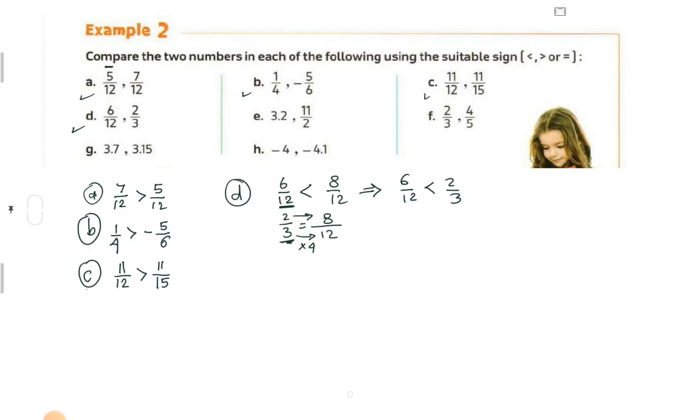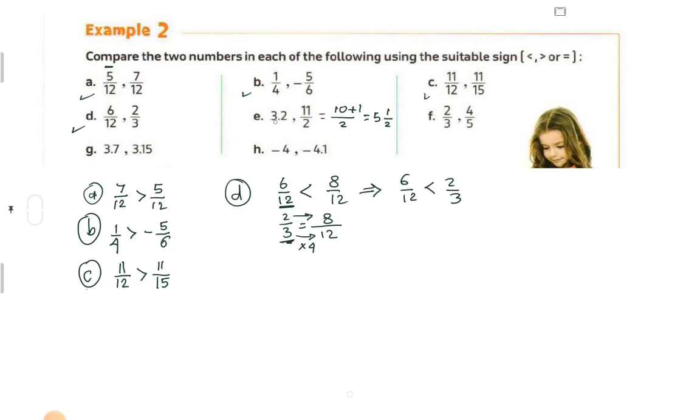E: 3.2 and 11 over 2. How to compare a decimal with a fraction? Note that this decimal 3.2 is greater than 3. 11 over 2 is not a proper fraction, it's an improper fraction, so we can convert it to a mixed number. 11 over 2 equals 10 plus 1 over 2. 10 over 2 equals 5, and 1 over 2 is a fraction.